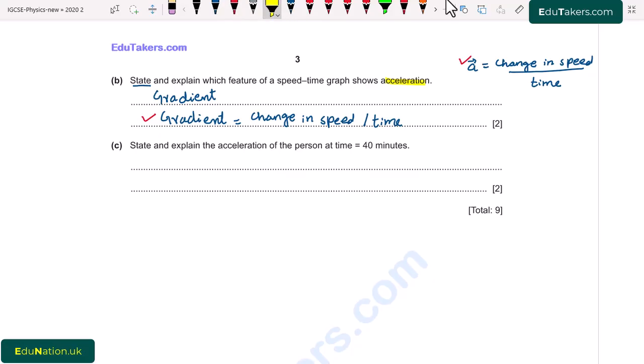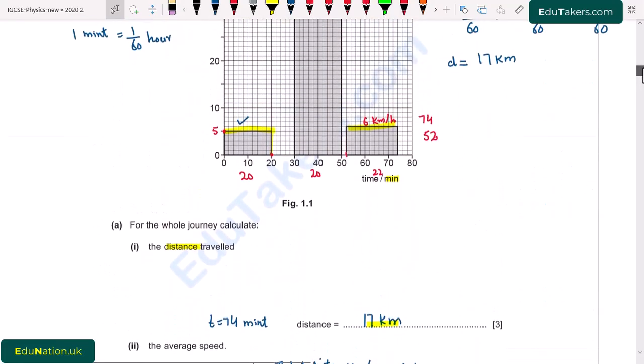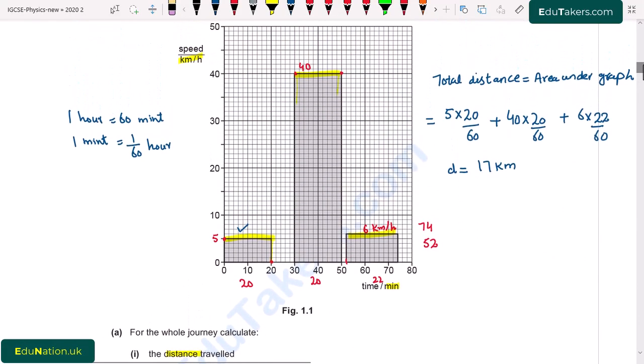Part C. State and explain the acceleration of a person at time 40 minutes. So we have to explain the acceleration of a person at 40 minutes. Now we go back to the graph and see that at 40 minutes, it is at this point.